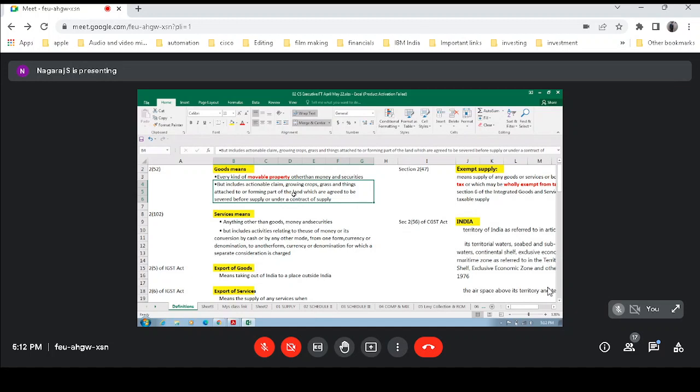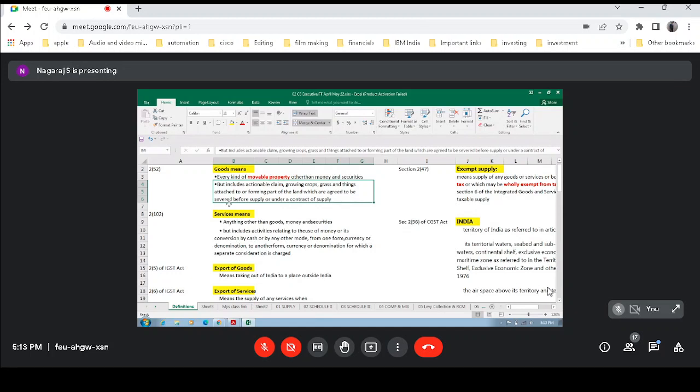Okay, understand that concept. And things attached to and forming part of the land which are agreed to be severed, means before cutting. That means before plucking the coconut or before plucking the mango from the tree.